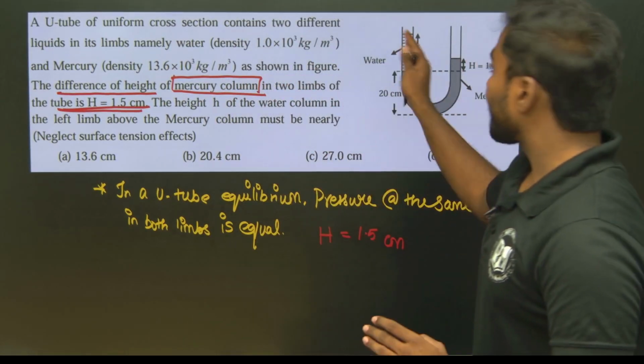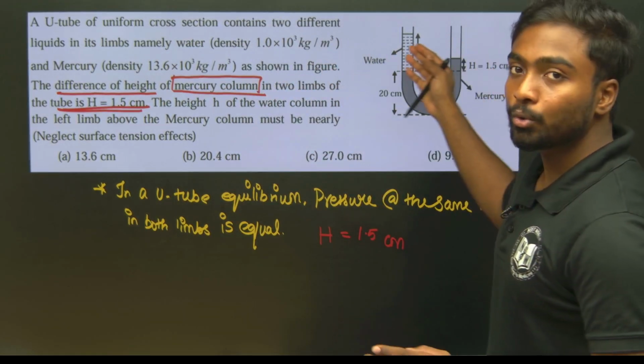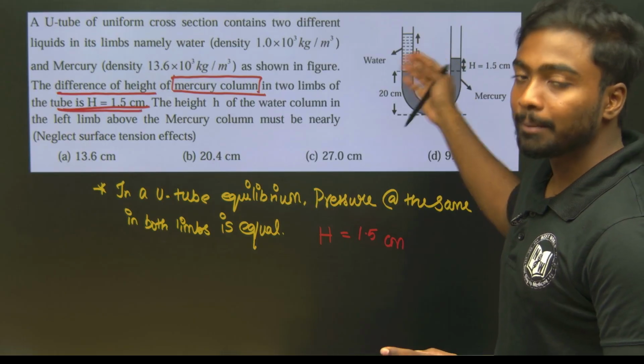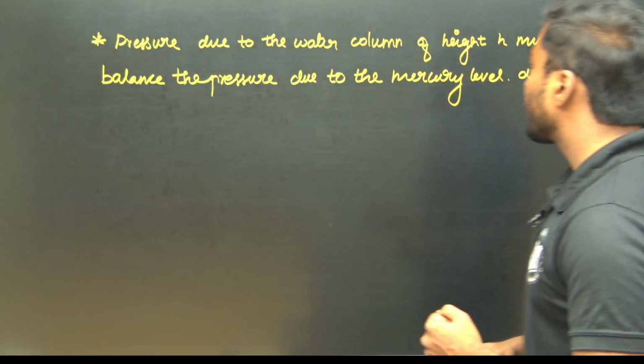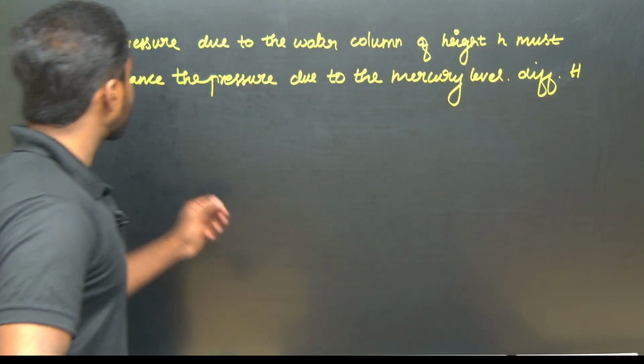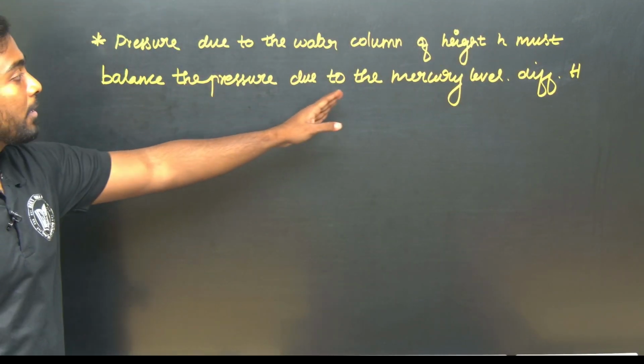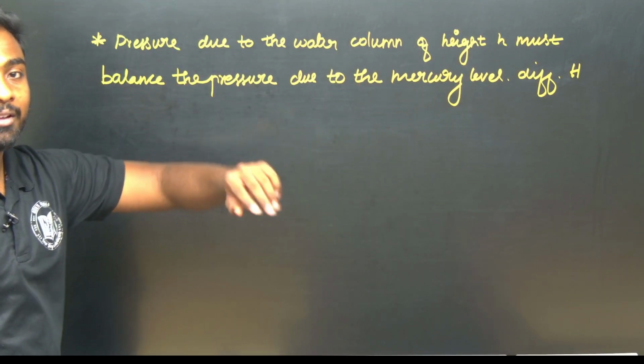So the water pressure should be equal to the pressure on the mercury side. The pressure due to the water column of height H must balance the pressure due to the mercury level difference h.